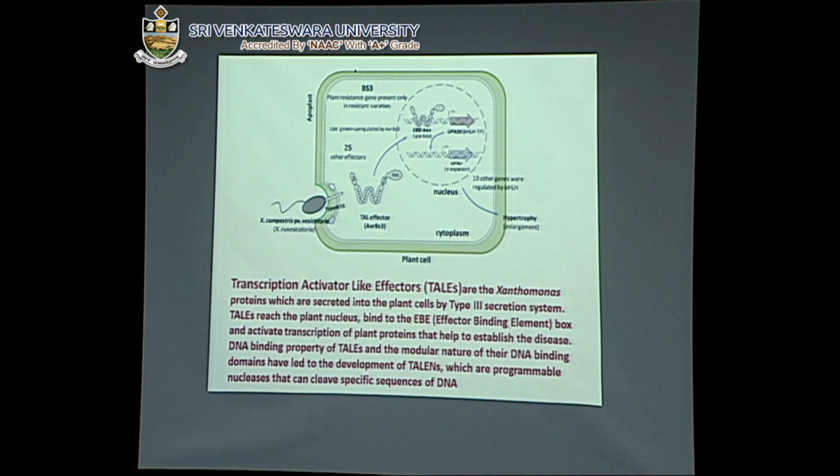The transcription of these genes will set up the pathogenesis of the infection. The fact that these proteins have the ability to bind to DNA and are modular in nature makes it possible to develop what is called the transcription activator-like effector nuclease, which I will describe to you now.